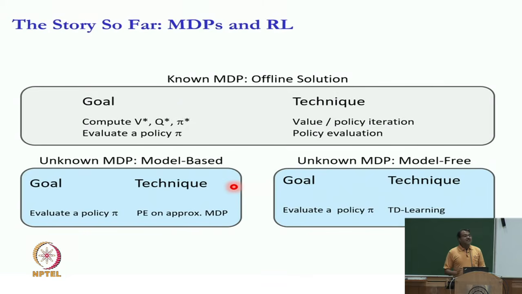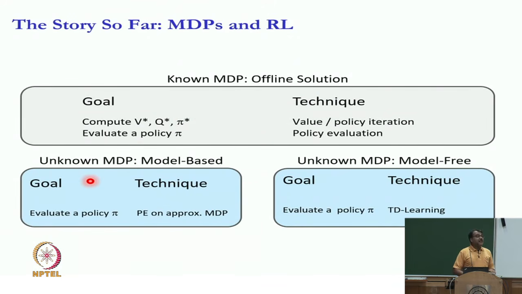So, where are we? The story so far is that we have been trying to do Markov decision processes and reinforcement learning on top of it. We said that if you are given the transition function and reward, you can do value iteration, policy iteration or policy evaluation depending upon whether your goal is to evaluate a policy or to compute a policy.